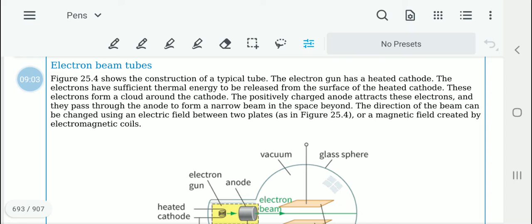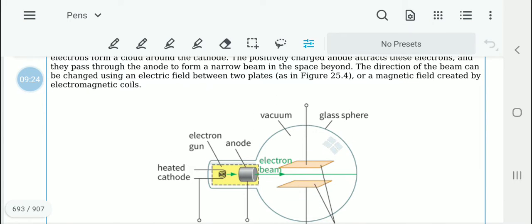When they have sufficient thermal energy, electrons will jump out of the cathode and travel towards the anode, which would attract the electrons.